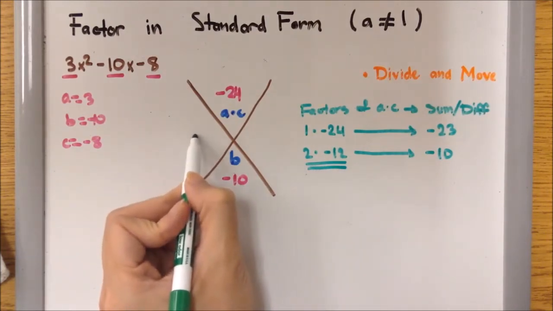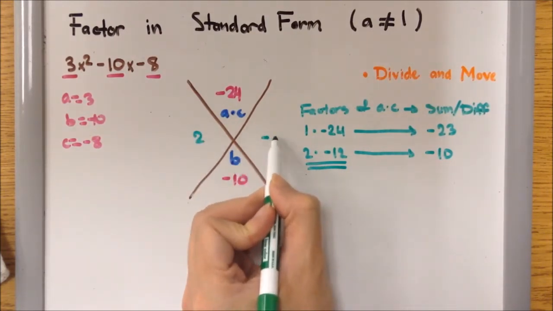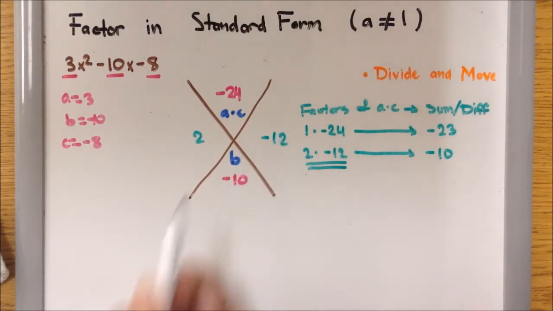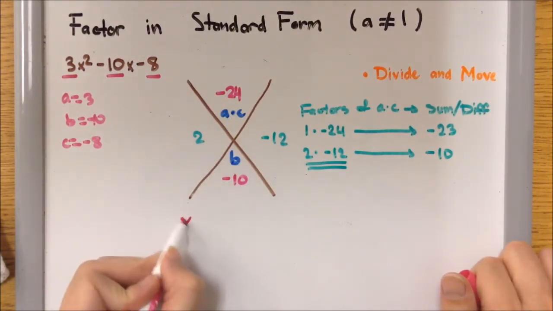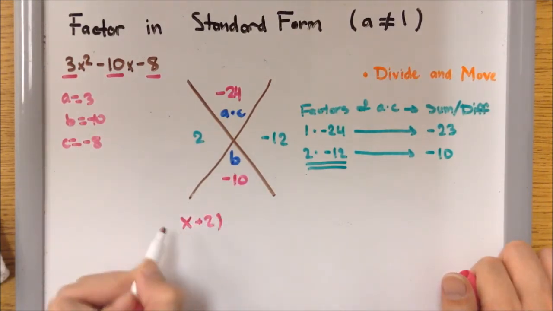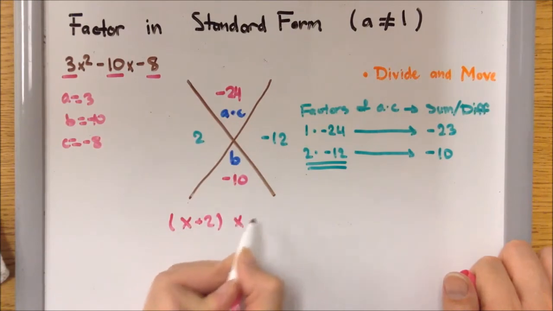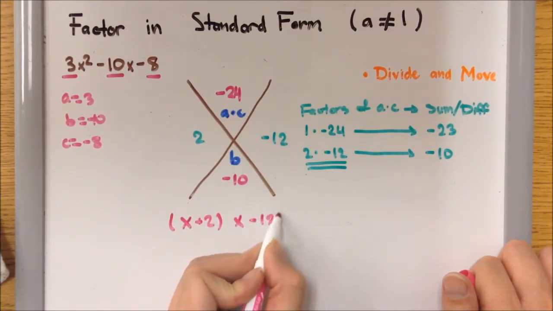So positive 2 and negative 12. Next, once we find our factors, we're going to write it in factor form. x plus 2 and x minus 12.